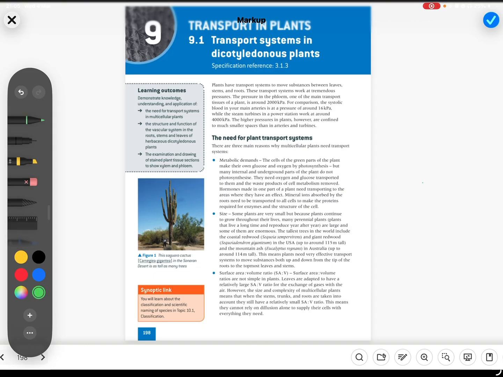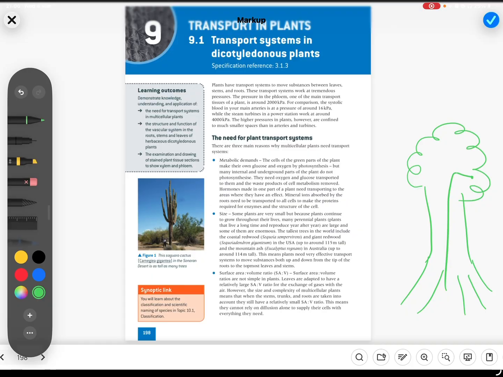For example, take a tree. The leaves make glucose. The roots do not make glucose, but the roots need energy. So the glucose has to go from the leaves down to the roots. How does it do that? With a transport system.